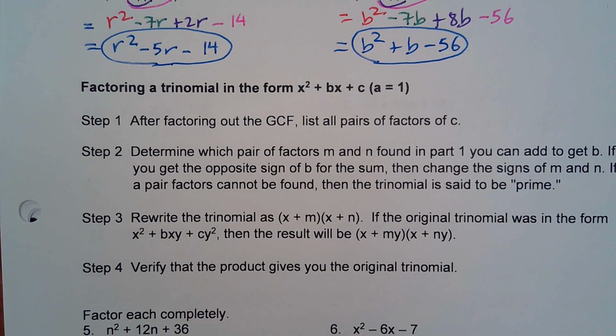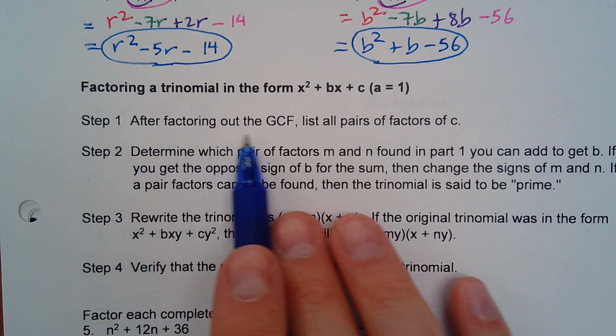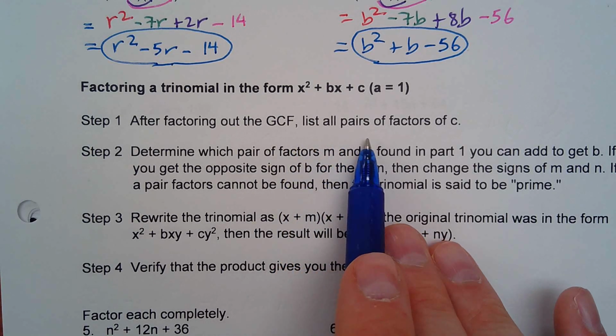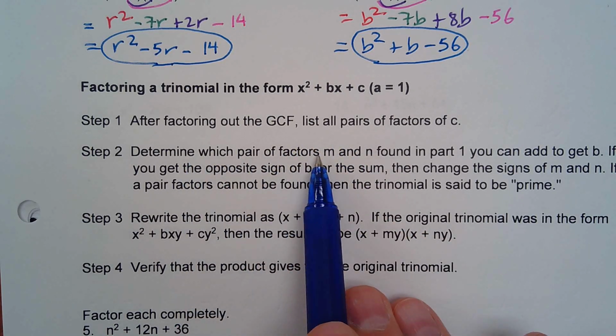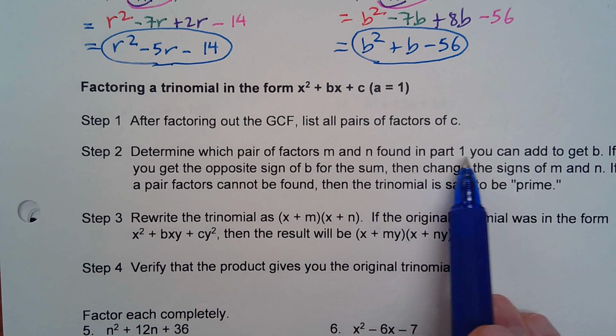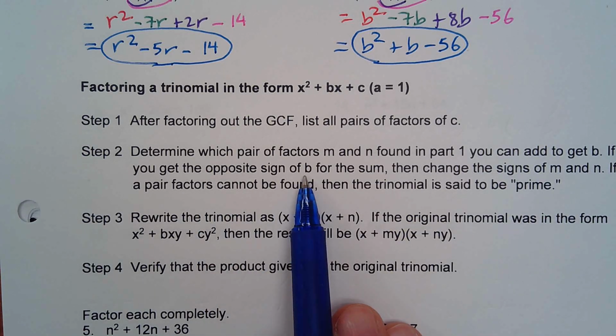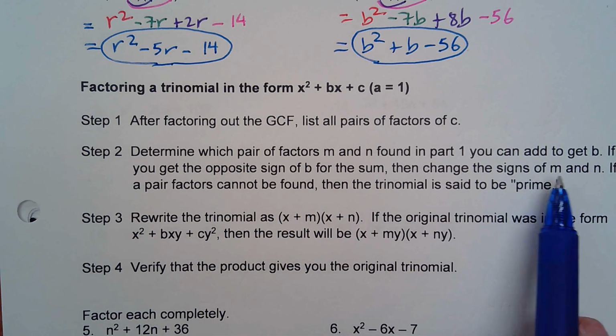So if this is factoring trinomial form of x squared plus bx plus c, where the coefficient of the squared term is 1, factor out the greatest common factor, list all pairs of factors of c, determine which pairs m and n found in part 1 you can add to get b. If you get the opposite sign for b for the sum, then change the signs of m and n.